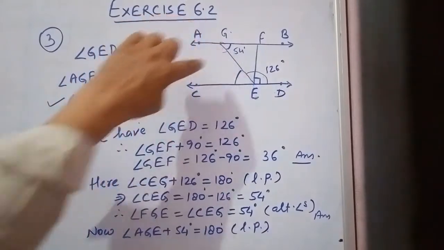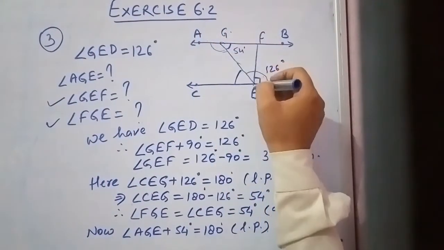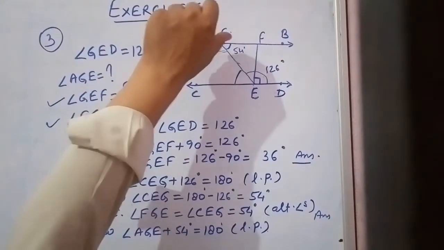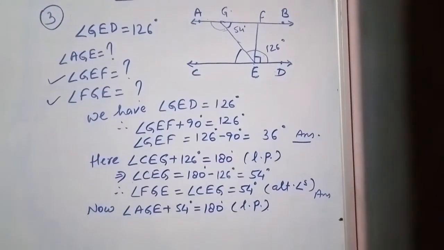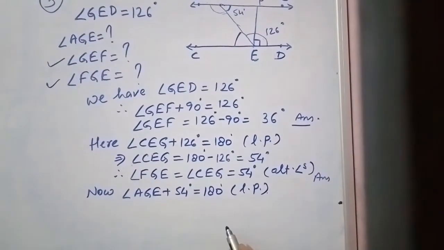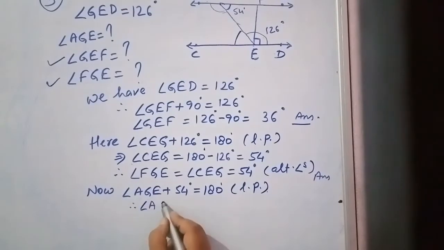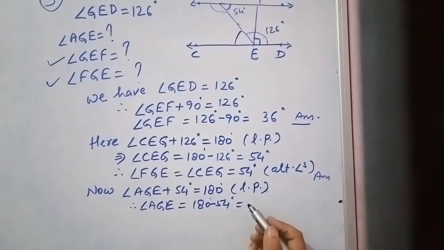Angle AGE plus 54 and this form a complete 180 degrees. Therefore angle AGE equal to 180 minus 54 equal to 126 degrees.